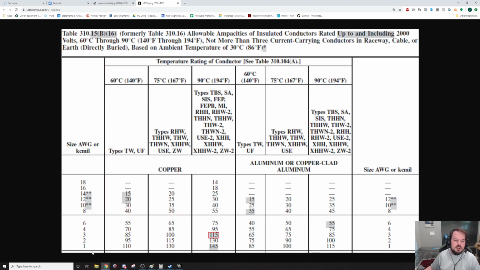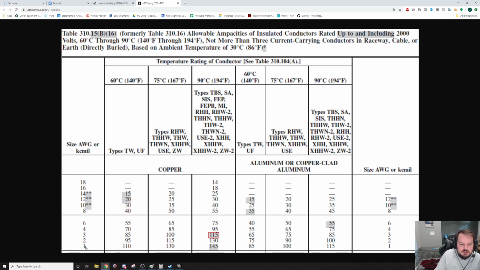All right. So, we are on table 310.15.B16 looking for 1 gauge THW. If you see, the different columns have different types of insulation listed, and you will look for the insulation type you're using, which is THW in this question.